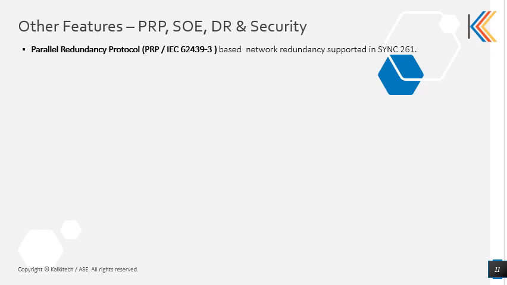Then all the messages will be sent on both the Ethernet ports, and the receiver can receive on both the Ethernet ports, and only the first message that is received will be accepted. The second message it can ignore. So this is providing a bumpless redundancy. When one of the networks fails, the other network already has the same messages coming through.